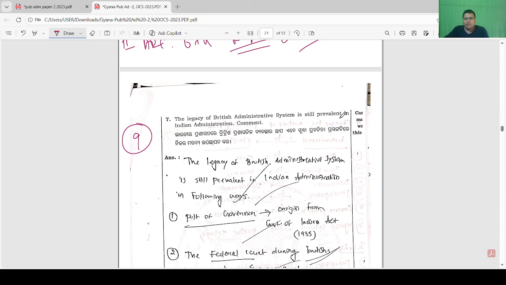Legacy of British administrative system is still prevalent in Indian administration. This is a paper 2 unit 1 question.